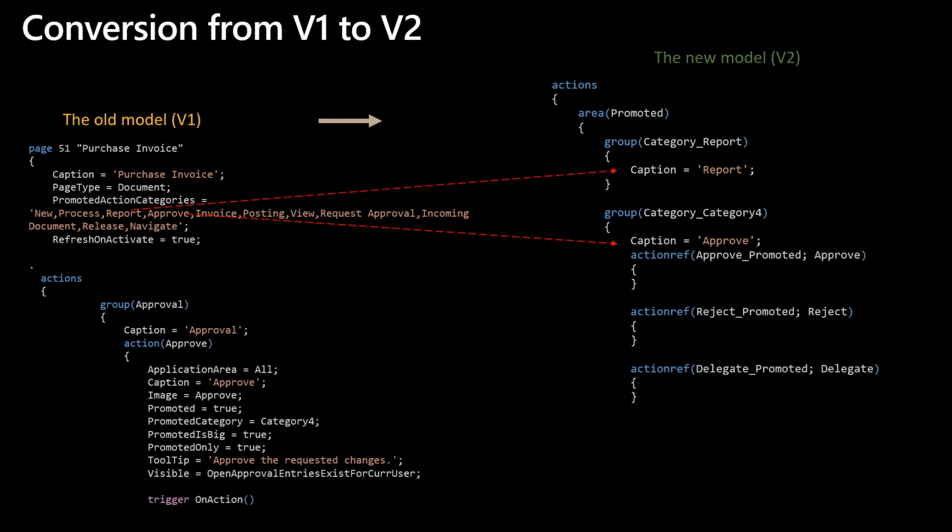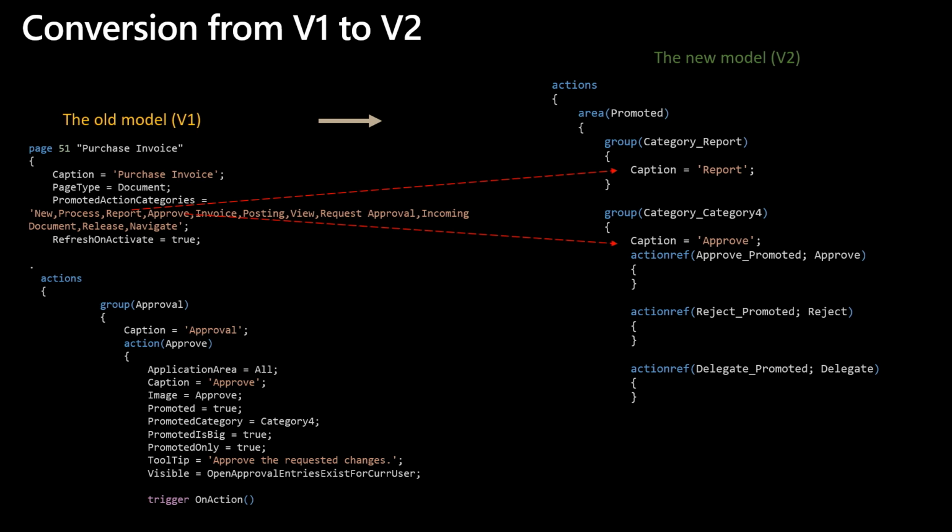So, of course, the promoted action categories will be converted to groups within the promoted area. And notice the naming convention here, where we have the category underscore and then the old name of the promoted action categories. Also note that we are adding captions here for how to show this UI-wise.